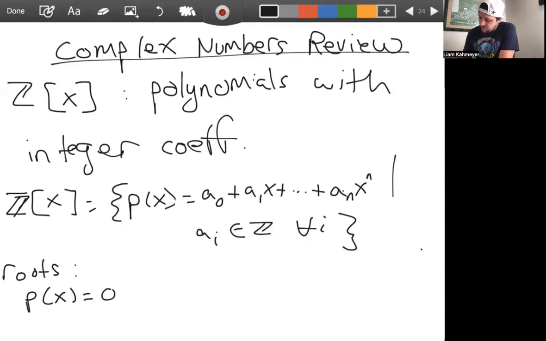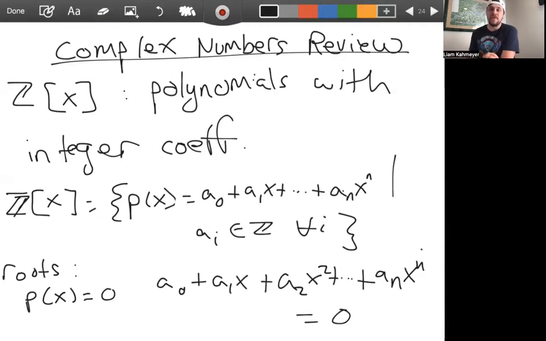You may ask yourself, when is a naught plus a1 x plus a2 x squared plus et cetera, plus a n x to the n equal to 0, right? And there are going to be n solutions.